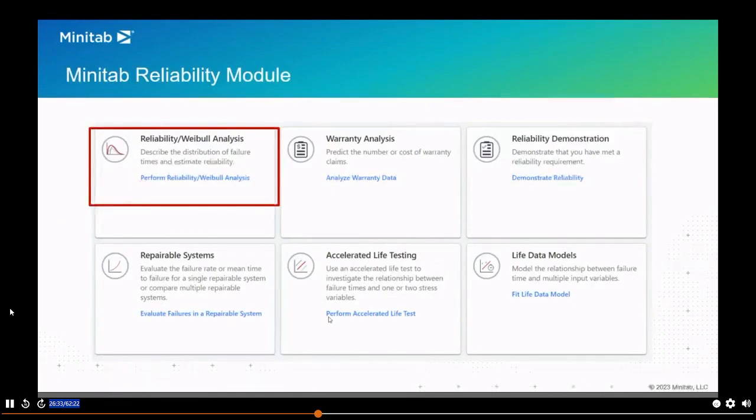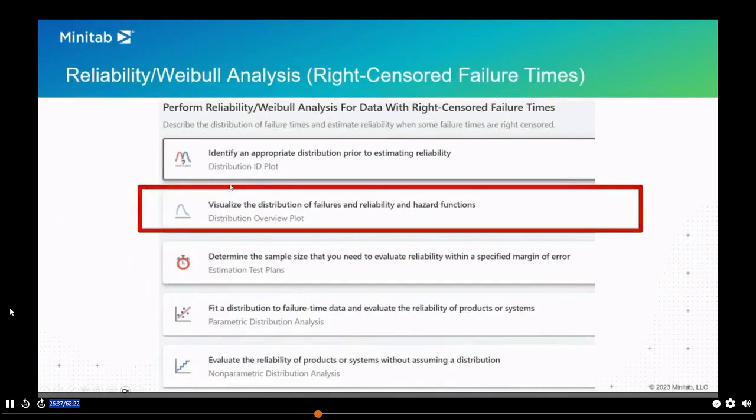All right, so we're going to go to our reliability/Weibull analysis and analyze our lab data. Now, when I click that, I get a few choices. And again, we're using the Minitab newly released reliability module. I could identify an appropriate distribution. If I don't know that I want to use Weibull, I could just go through and look at a whole bunch of distributions and pick the one that fits best.